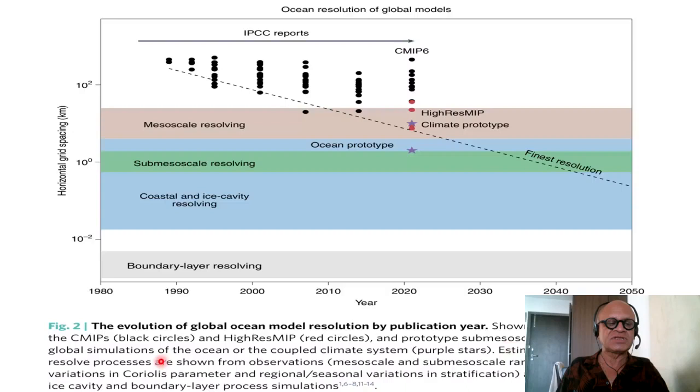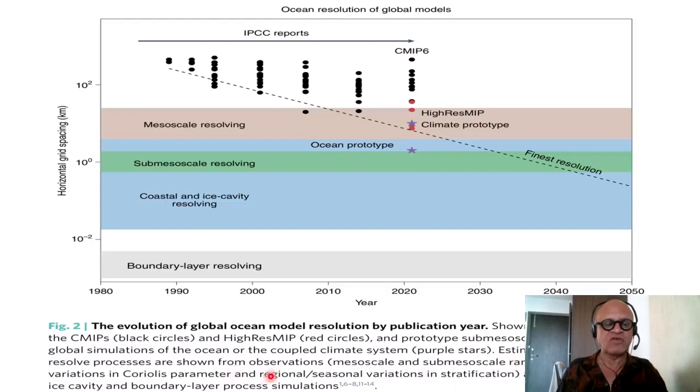Shown are models from the CMIPs in black circles, and HighResMIP, high resolution model intercomparison projects, here in red circles, and prototype sub-mesoscale permitting global simulations of the ocean or the coupled climate system in purple stars. Prototype just means that they have not done long simulations to drive equilibrium solutions, but they have been shown as working and producing realistic simulations.